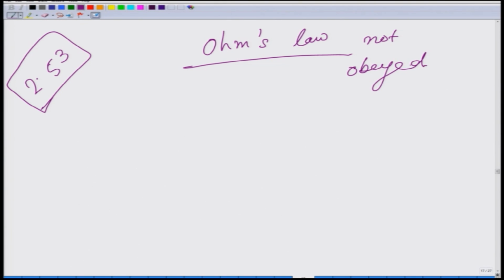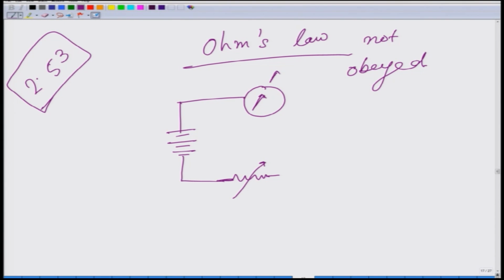Okay, let us just quickly review Ohm's law and what we have learned in this. If I have a source, say a cell, I have here a rheostat whose resistance can be varied, and now in series I put an ammeter.